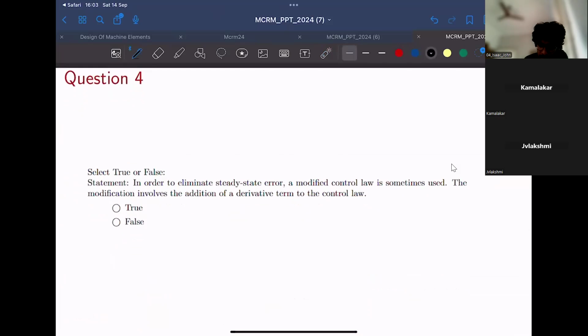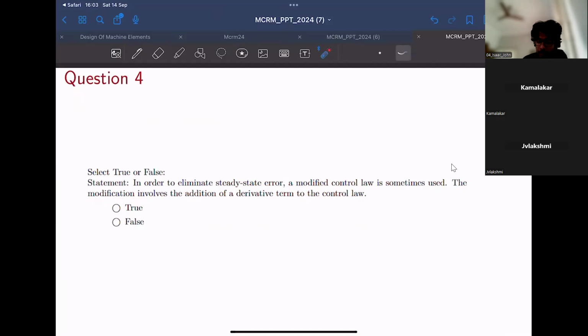It's a true or false question. In order to eliminate steady state error, a modified control law is sometimes used. The modification involves addition of a derivative term to the control law. So is that true or false?